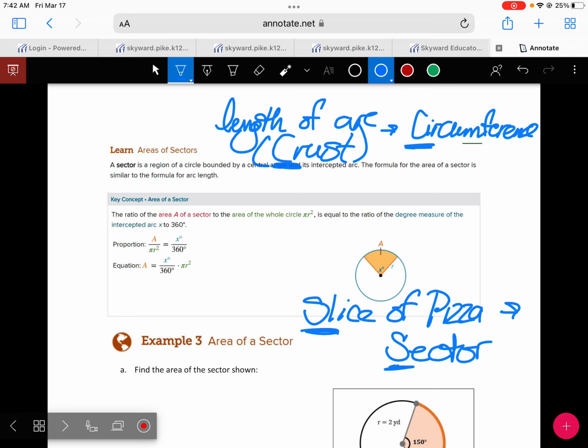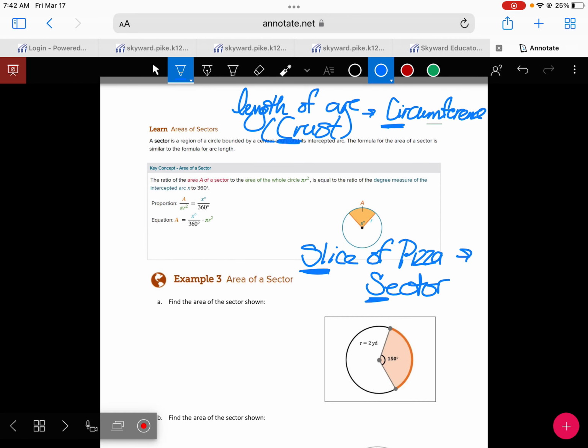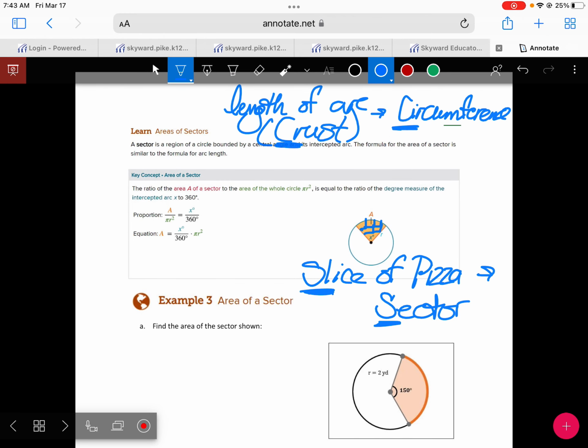The crust uses circumference. A sector is 2-dimensional. It's like finding how many little squares are in that piece of pizza.